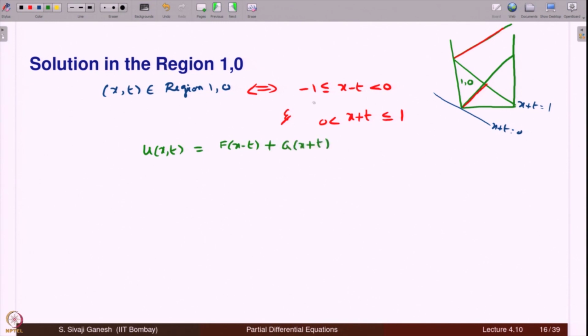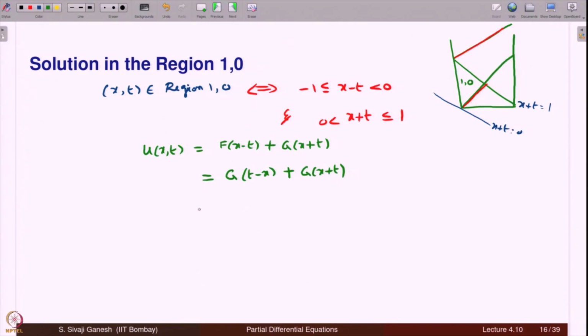Now, x minus t is between minus 1 and 0. Therefore, f of x minus t is negative and x minus t is negative and we have determined the values. f of minus zeta is g of zeta. So, this is nothing but g of t minus x. This stays as it is because x plus t is between 0 and 1. So, g is known in 0 1.